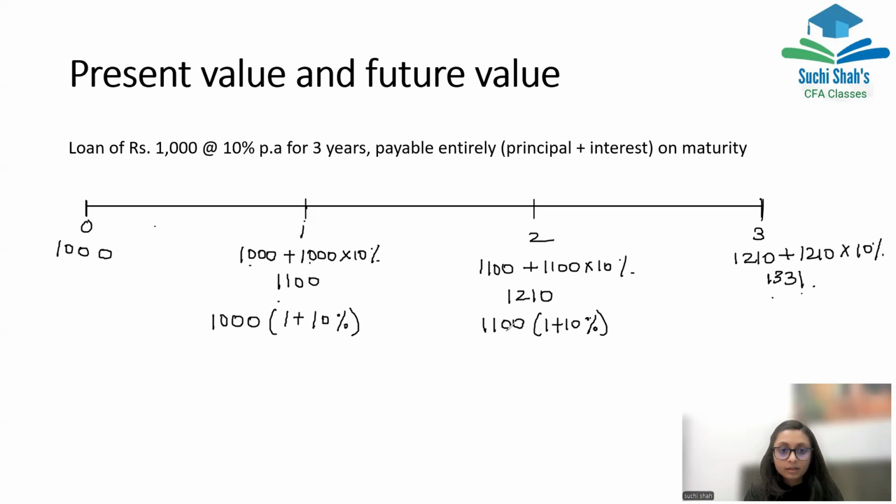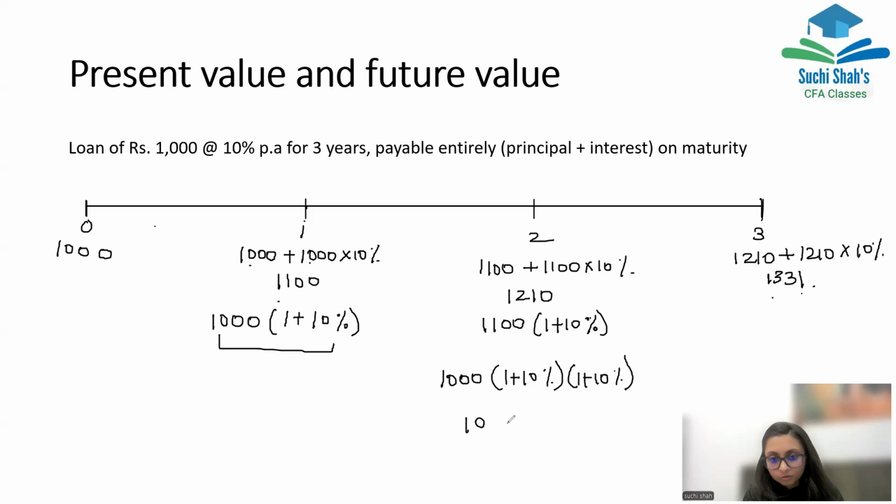Whereas 1,100 is nothing but this thing. This is nothing but 1,100, right? So I can rewrite this into 1,000 into 1 plus 10% into 1 plus 10%, which is nothing but 1,000 into 1 plus 10% square.